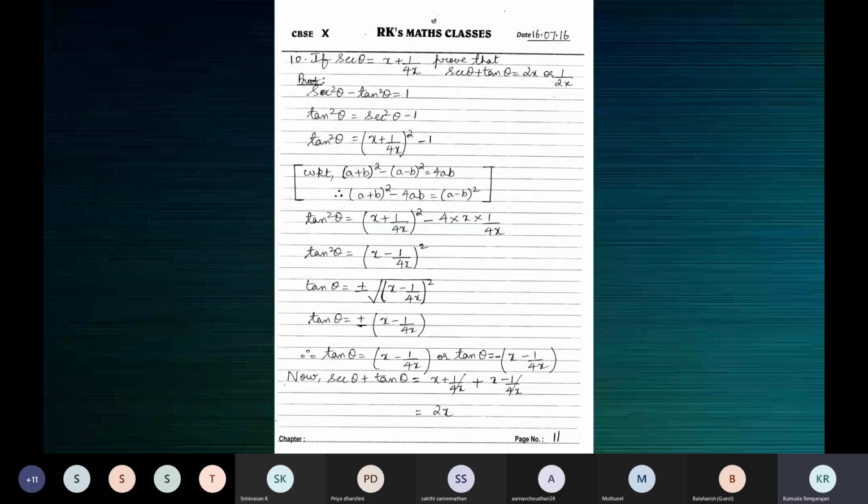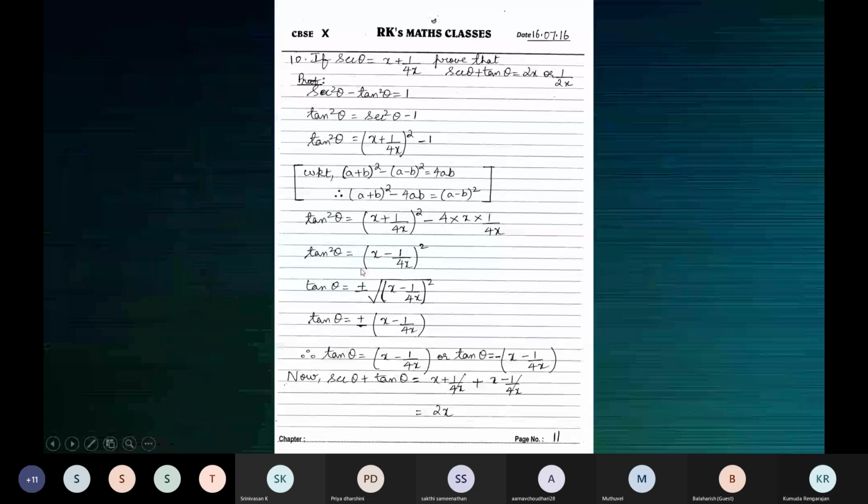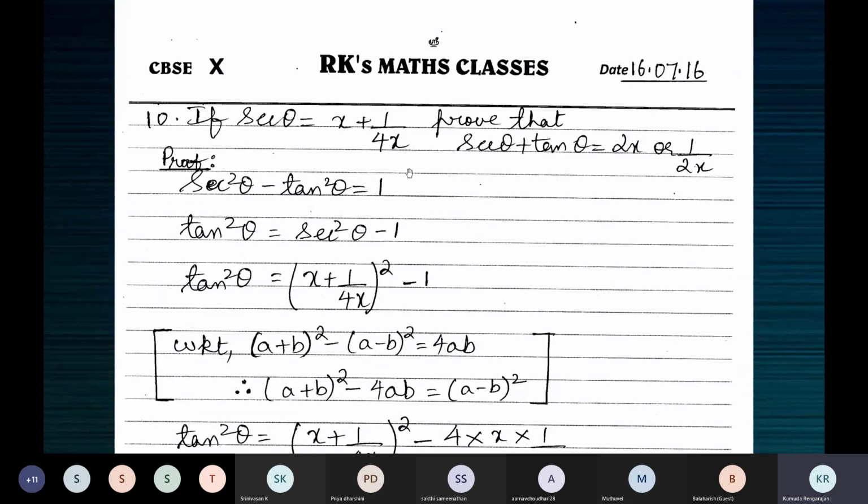So you must tell yourself to convert the procedure. See, there are so many ways to remember things. You must convert such questions, you can remember it in the form of a question and answer. So when this information is given, you must tell yourself that tan theta can be found using this identity.